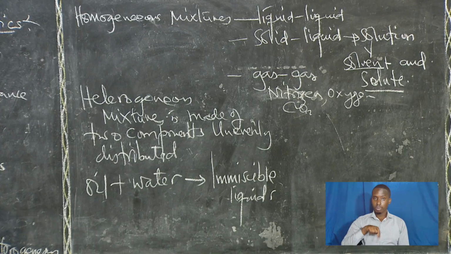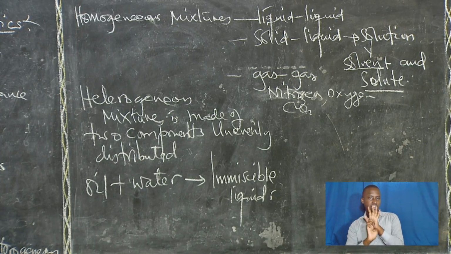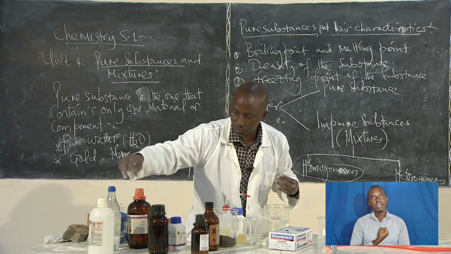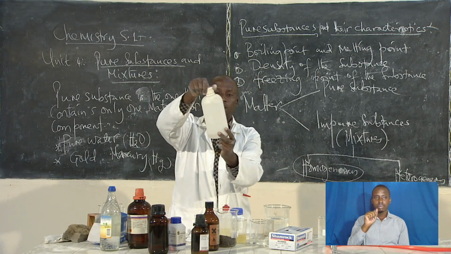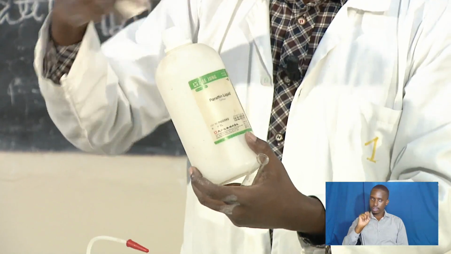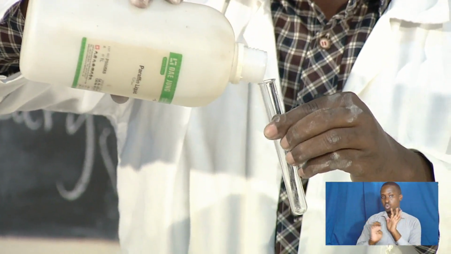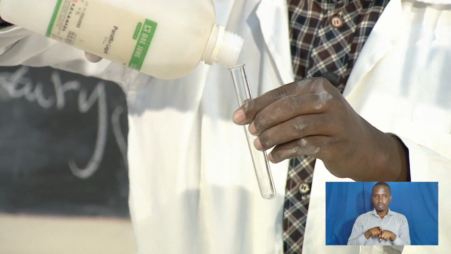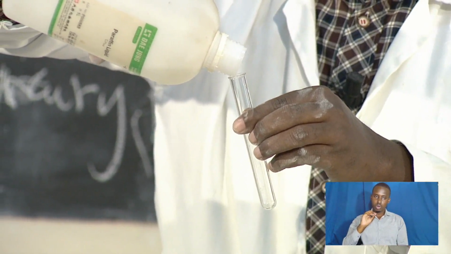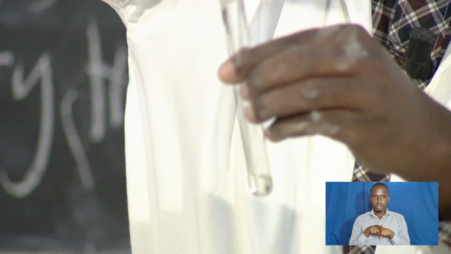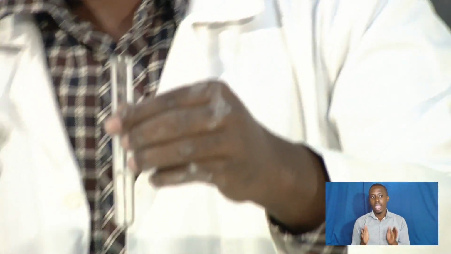We can have some other examples of this. Here I have paraffin. This is paraffin liquid. These are some of the examples that we are giving as heterogeneous mixtures, but which are in liquid form. So this is paraffin liquid, and then I will have to add water.